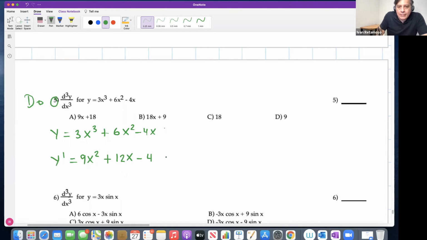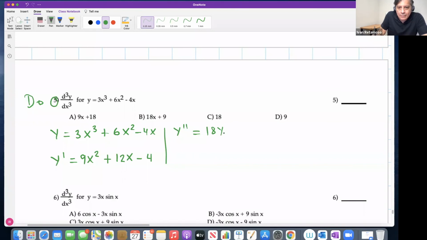Now this is the first derivative, right? But they want you to get the third derivative. So let's go ahead and take the second derivative. The second derivative is going to be the derivative of the derivative, right? The derivative of this function now. 2 comes down, multiplies 9, that is 18. x raised to 1 less than 2 is 1, but exponent 1, mathematicians don't write it.